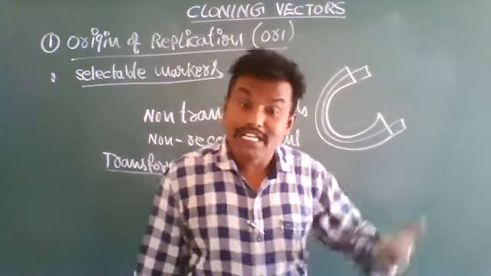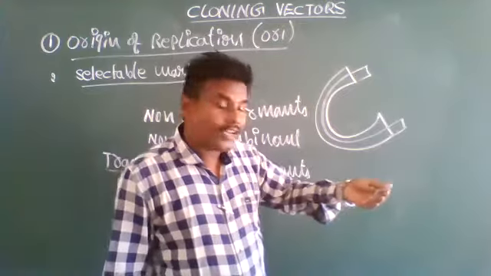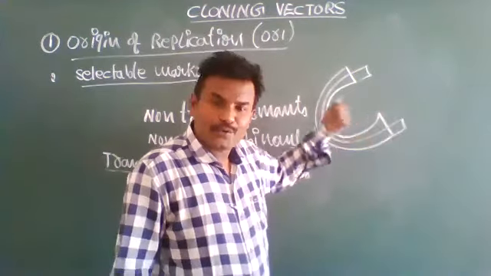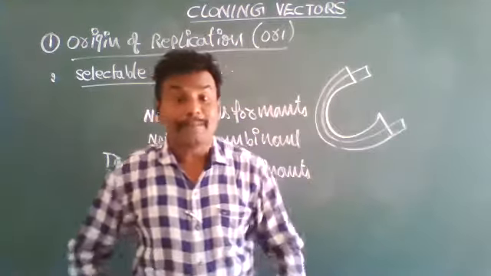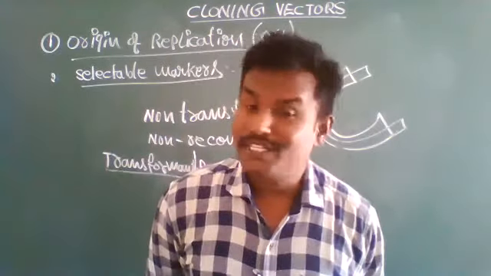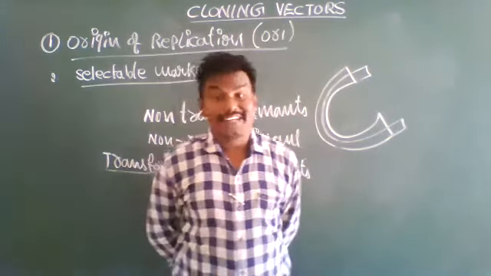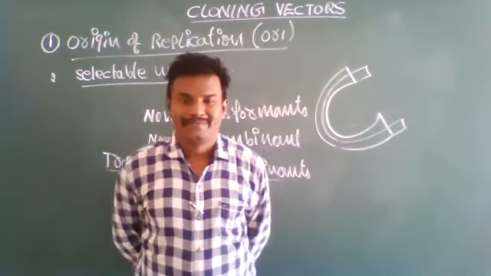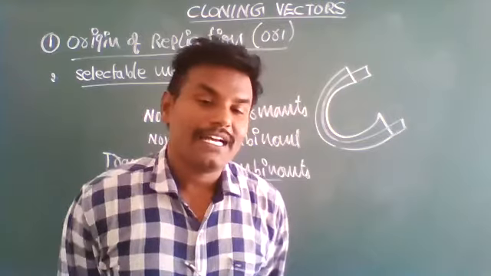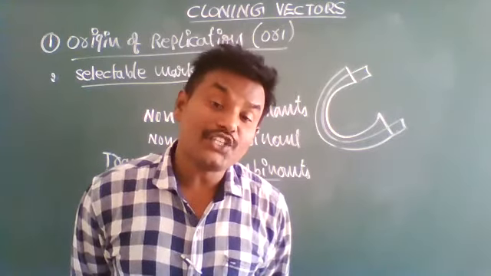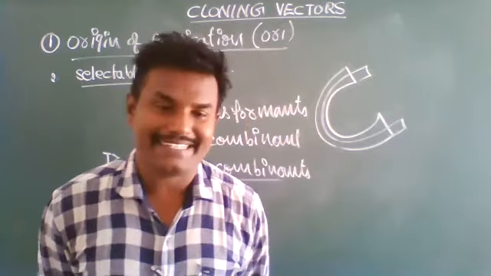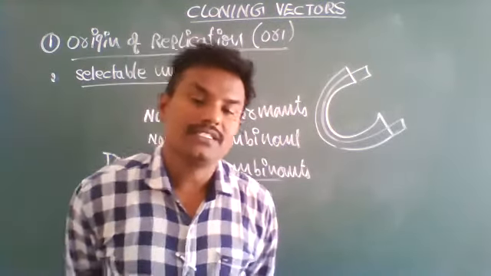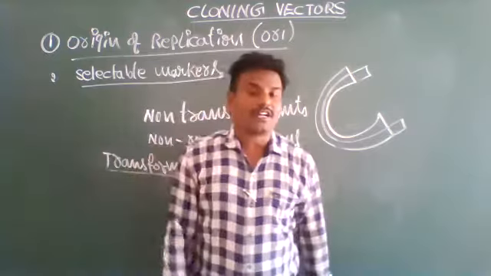Recombinants means some of the DNA is able to combine with the vector and perform replication, but some DNA fragments do not combine with the vectors. Such DNA fragments are called non-recombinants or non-transformants.